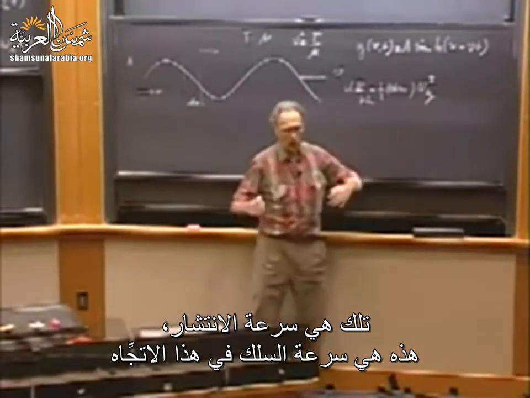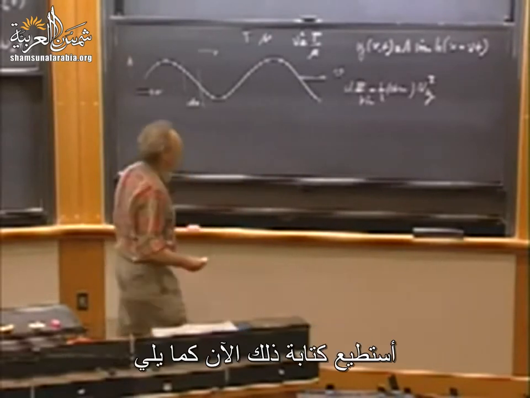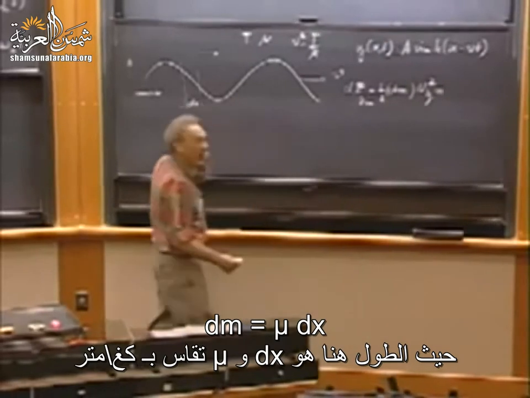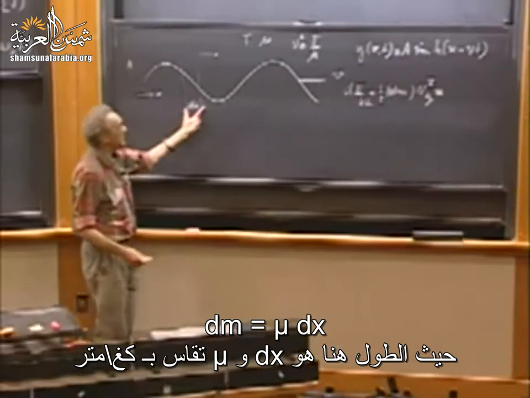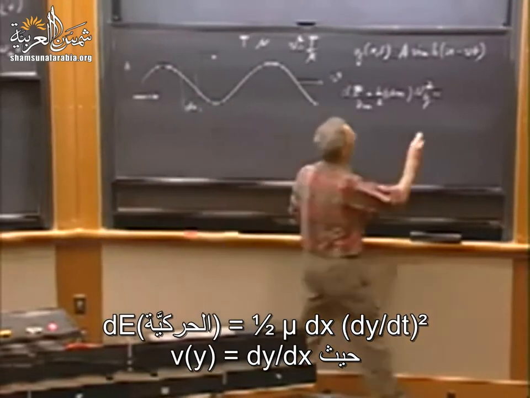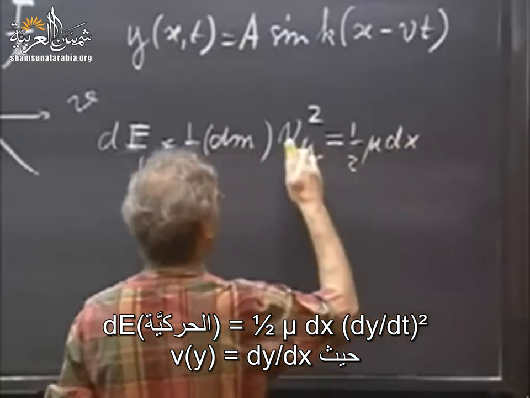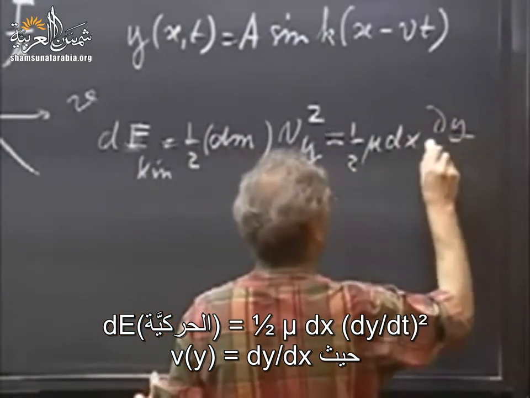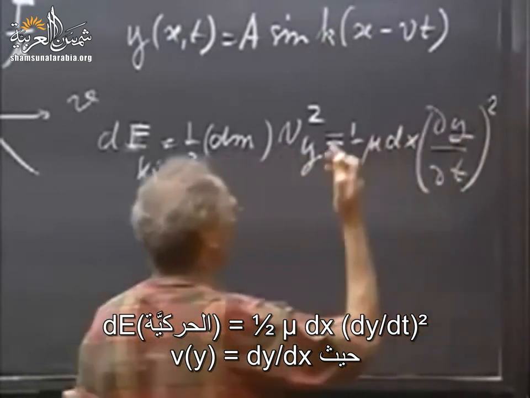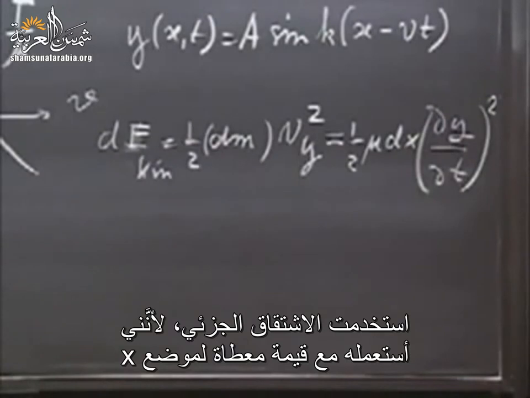This is the velocity of the string in this direction. So I can write this down. dm is obviously mu times dx. If I have a length dx here, and I have mu kilograms per meter, so I get here 1/2 mu times dx, and for this I write down (partial y partial t) squared. This is the velocity in the y direction, and I use partial derivatives because I do it at a given location for x.